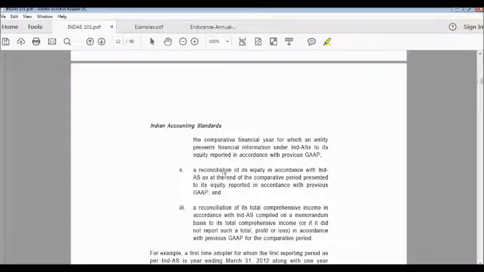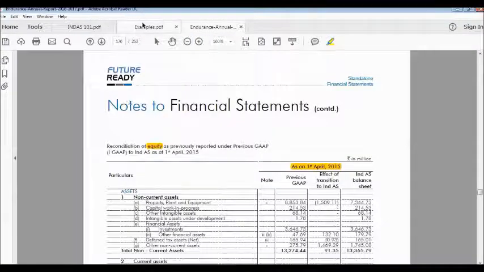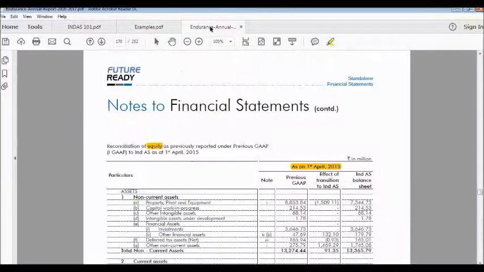The fourth thing is the reconciliation of its equity in accordance with Ind AS as at the date of the comparative period presented. You can check out the language, but simply the thing is as I have explained. And the live example we have is of the Endurance company.